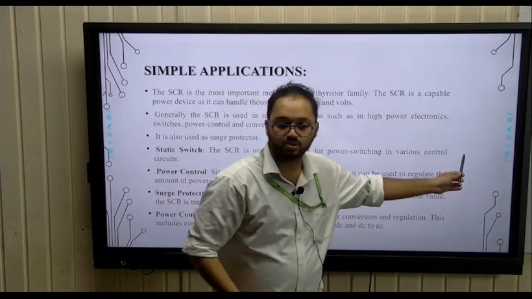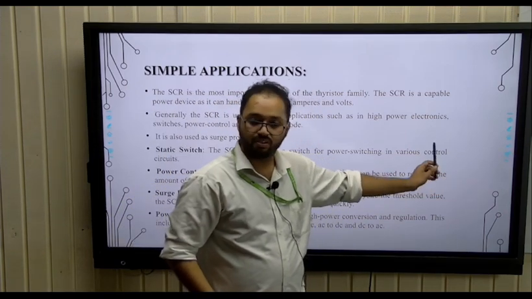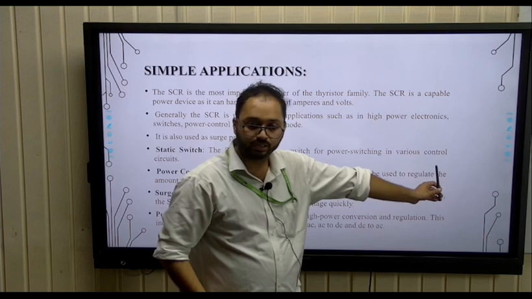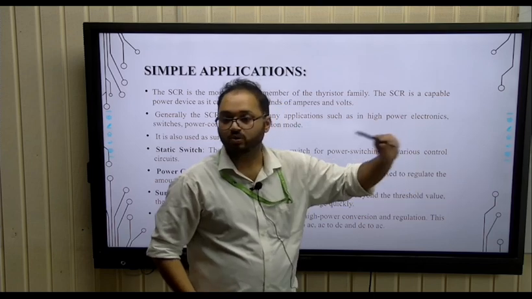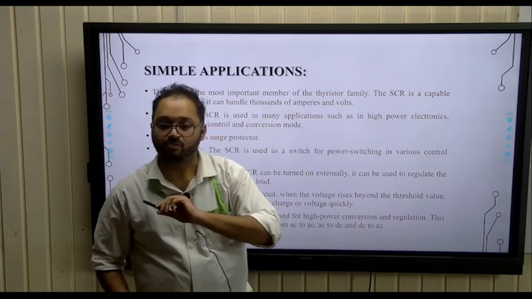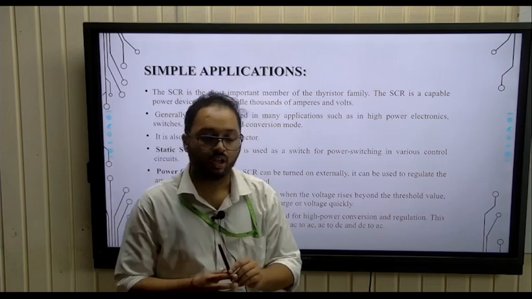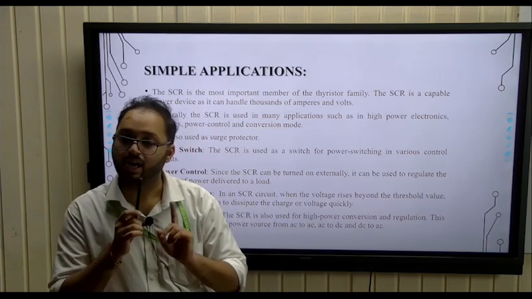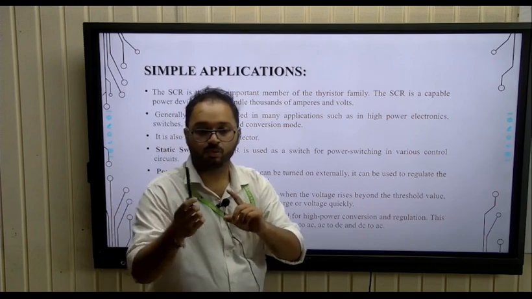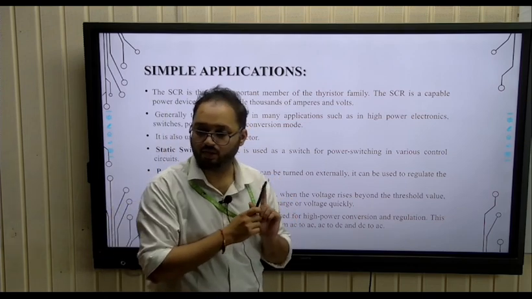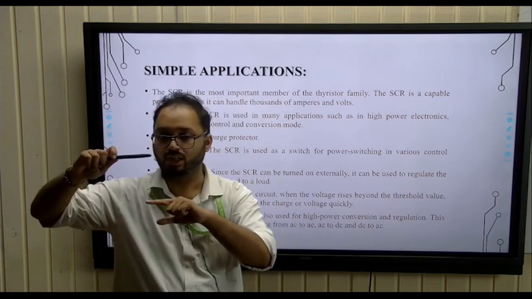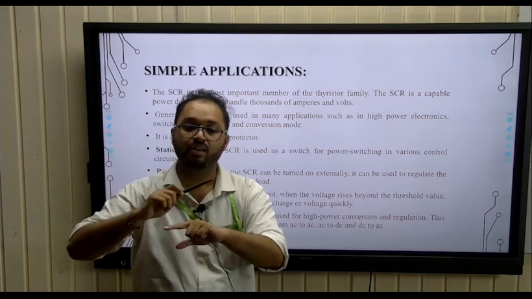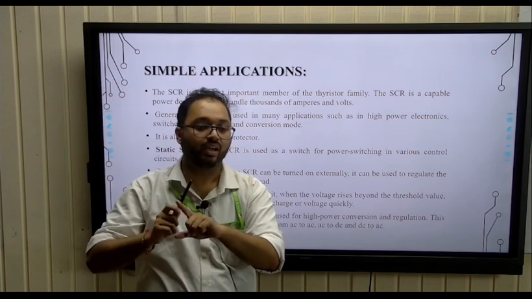for example, what we were seeing, that Ig was equal to 0. We have applied a particular amount of voltage, but it is not able to switch on because it is less than VBO. Now if I increase the Ig, what happens? VBO decreases. So for the same voltage, if I have applied gate current, it will turn on.